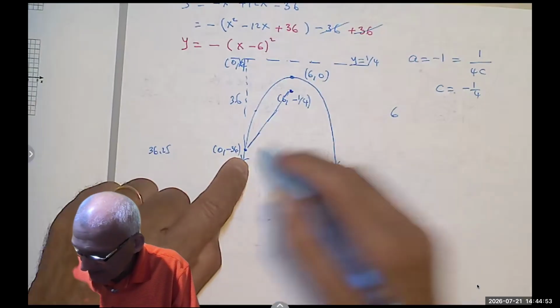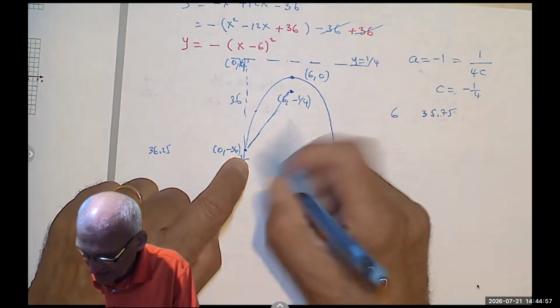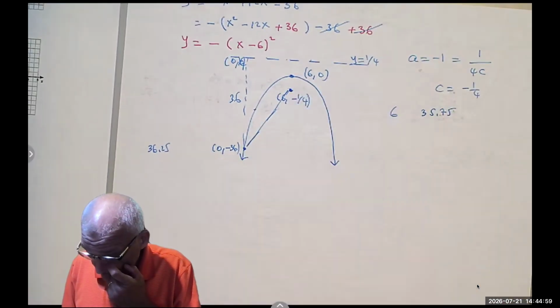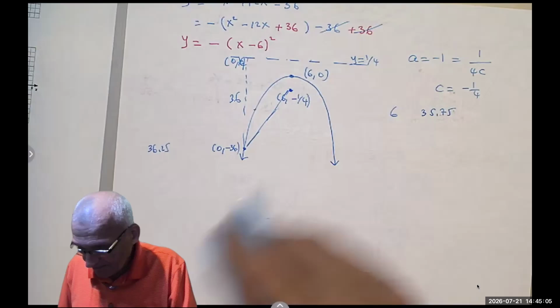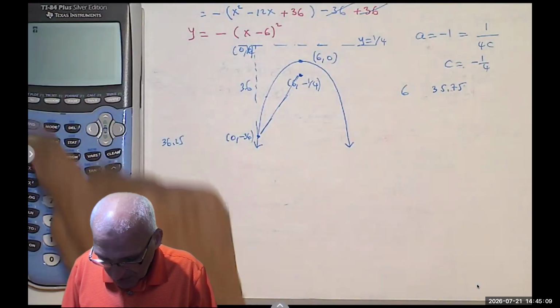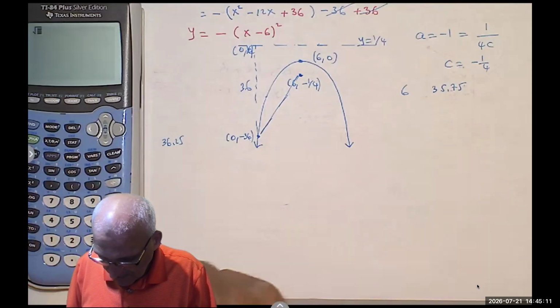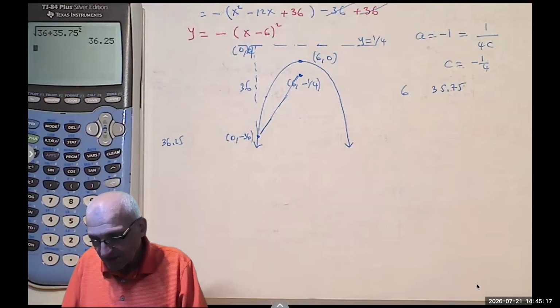Along the y, it's 35.75, right? This is like 35 and 3 quarters. Am I doing this correctly? What is this, the square root of 36 plus 35.75 squared? Yeah, 36 and a quarter.